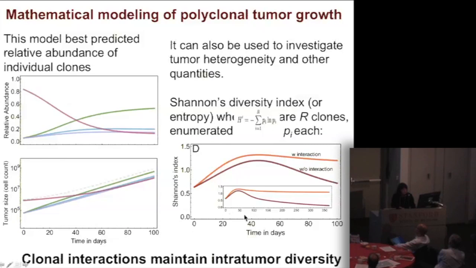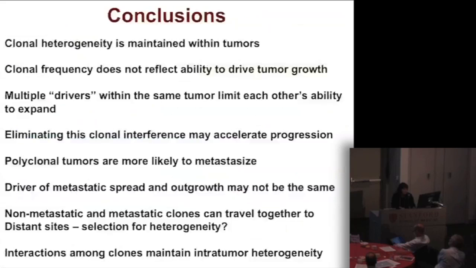And also the diversity index with interactions remains high, meaning the tumor remains heterogeneous. If there were no interaction among clones, direct or indirect, so this doesn't necessarily say whether it's direct or indirect, then diversity would decrease in tumors. So basically, we think this is the reason why you have diversity: the clones communicate with each other.